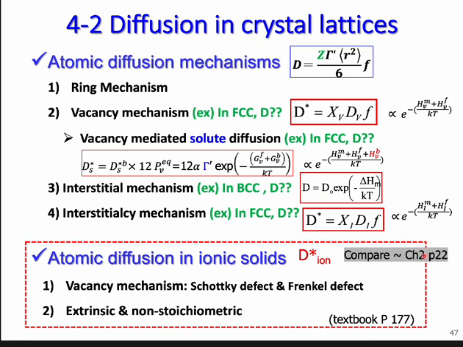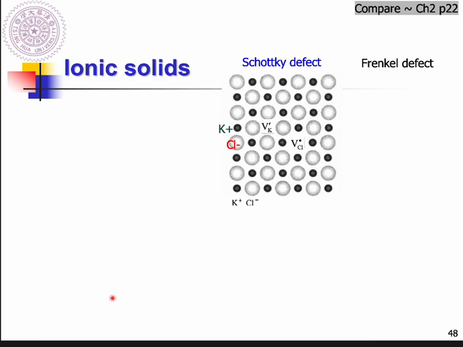This part we directly connect this ionic solid materials to batteries, and the driving force will be the electrical field or electrical potential gradient. So you can compare this with this one, because both cases can drive atomic or ionic diffusion in ionic solid materials. So let's move to ionic solid materials.